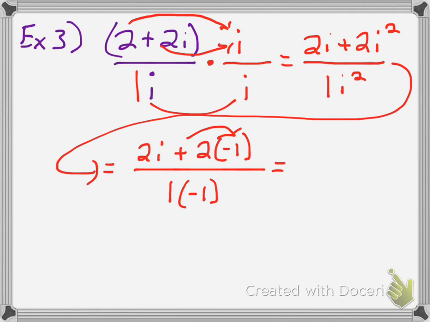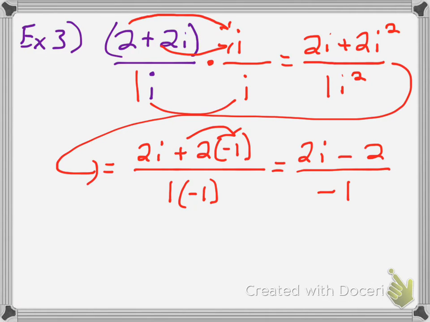This 2i plus 2 times -1 that I'm working on right now is going to be a complex number. So I don't care that you write it like this, 1 divided by -1. We got -1 here on the bottom. This is not simplified enough for me.